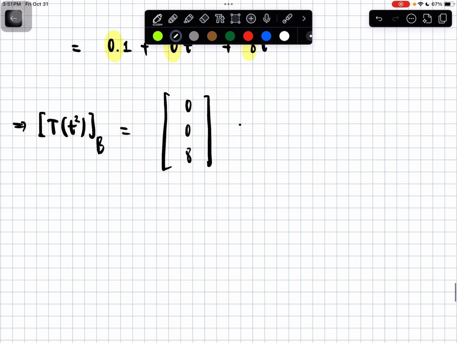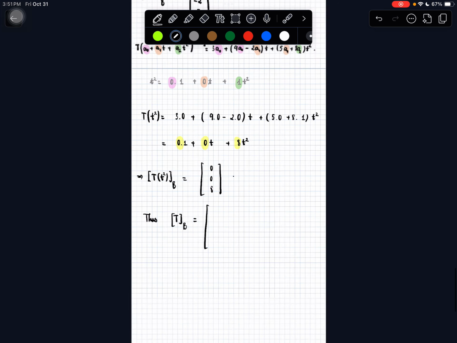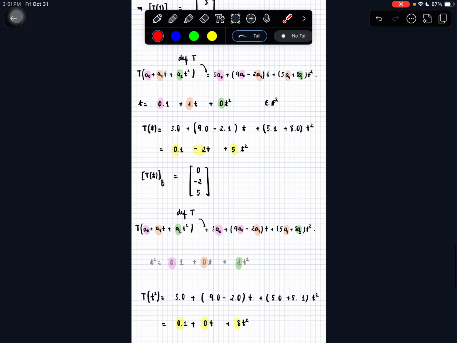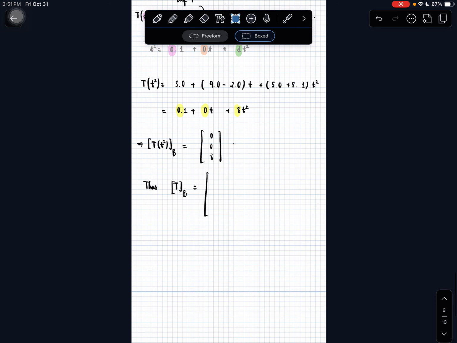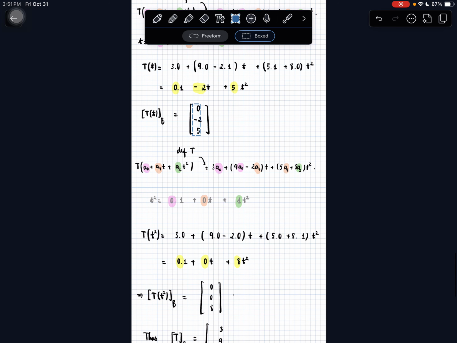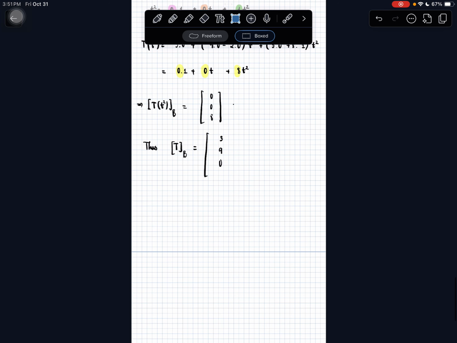And by definition, the matrix representation of T relative to B is a matrix with 3 columns. The first column is 3, 9, 0. The second column is 0, minus 2, 5.